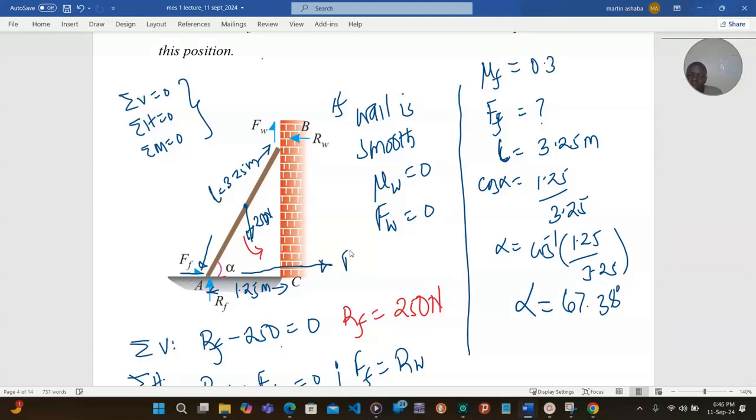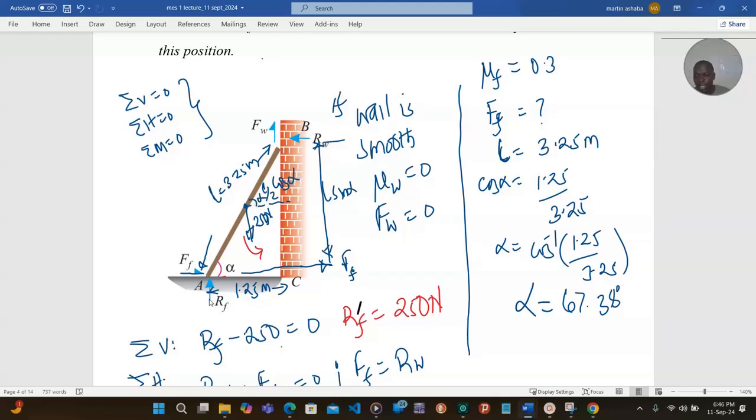So that is Ff, and it has a perpendicular distance that we said is L sine alpha. Then we also have this distance here, which is L out of 2 cos of alpha, because we said this is alpha.